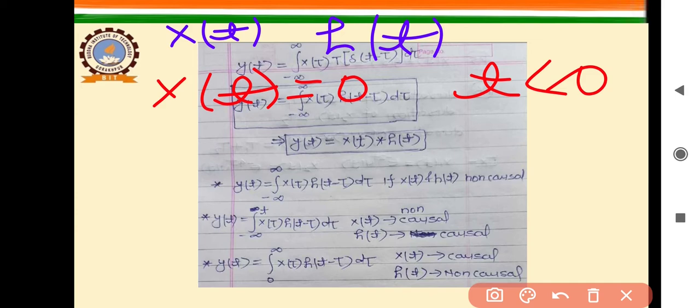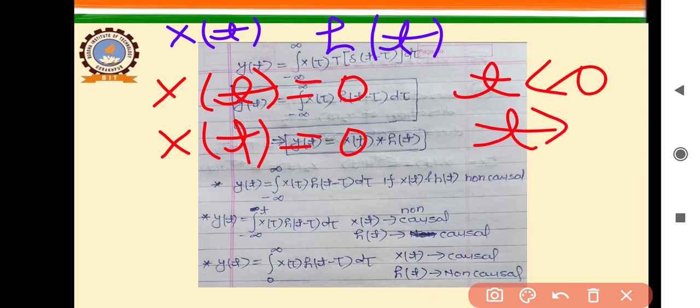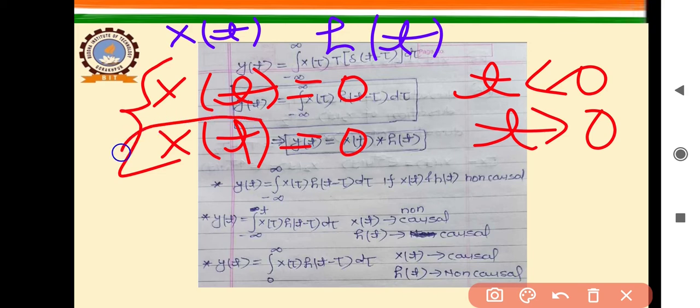And if a signal exists only for the negative values of t, meaning x(t) is 0 for t greater than 0, then this x(t) is called an anti-causal signal. And if x(t) exists for both regions, for both positive as well as negative values of t, then this signal is called a non-causal signal.